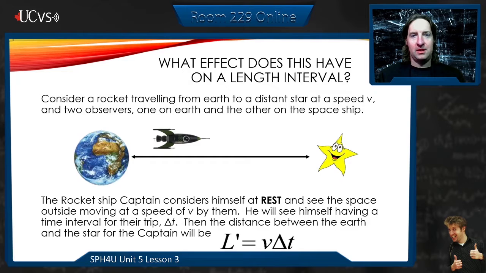That's the time the spaceship captain takes to get from Earth to the star. The distance they measure in that frame of reference will be the speed at which they travel times that time interval. So v delta t is the distance the captain observes between Earth and the star.